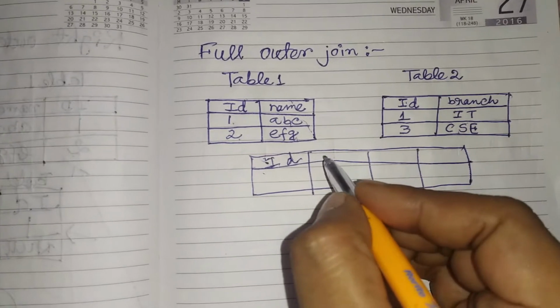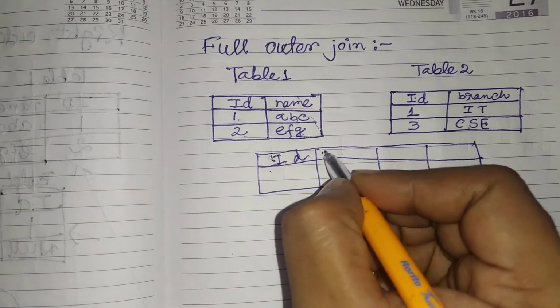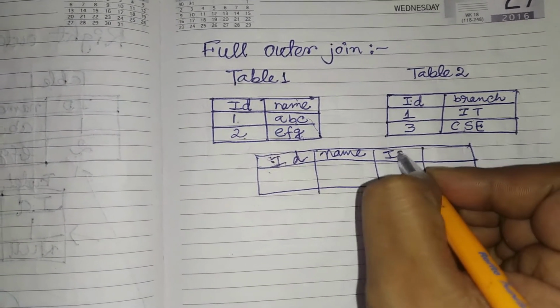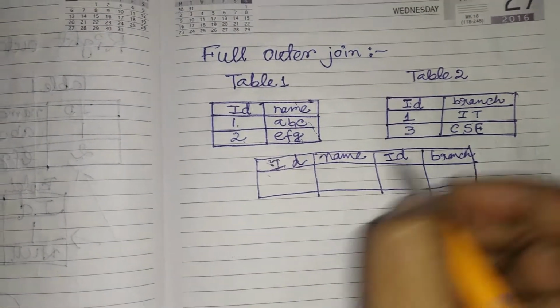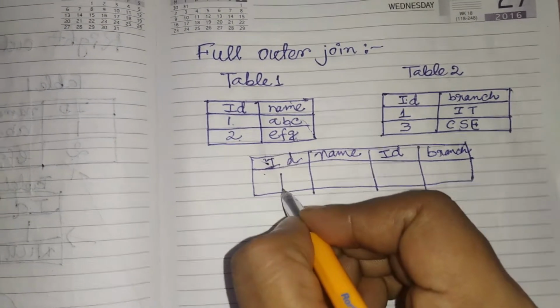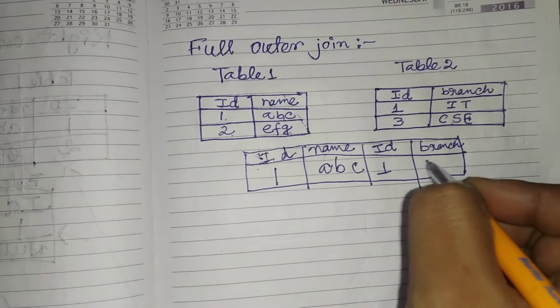ID, name, ID, branch. So first inner join: 1 ABC, 1 IT.